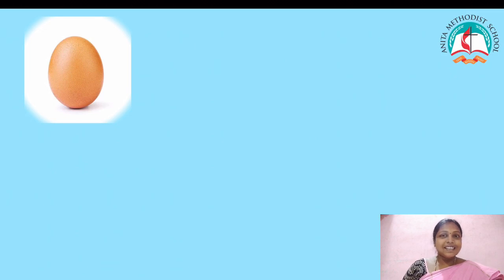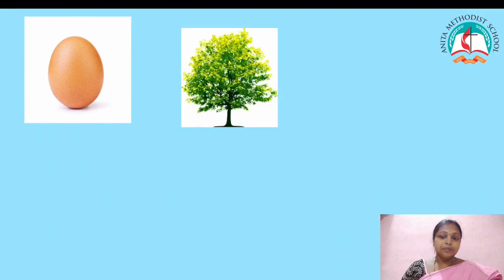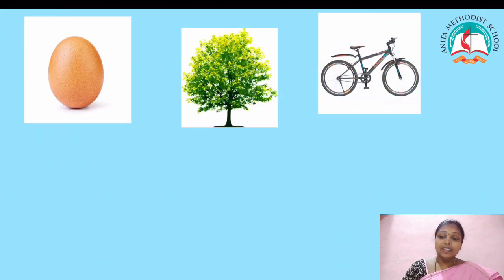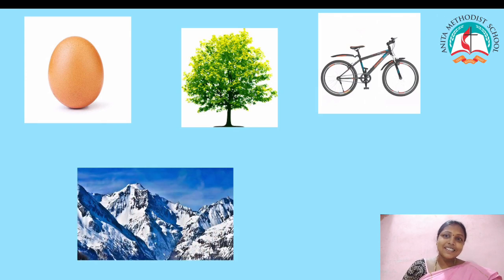Oh, it's an easy picture. You can identify it easily, right? What is this picture? Egg. Now the next picture. Tree. What is the third one? Oh, bicycle. The last one is mountain.